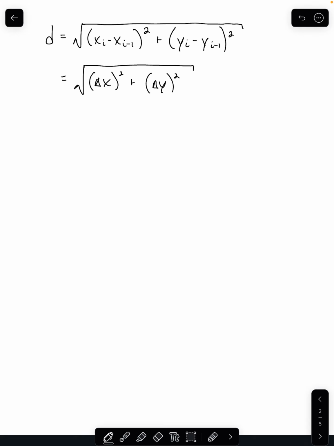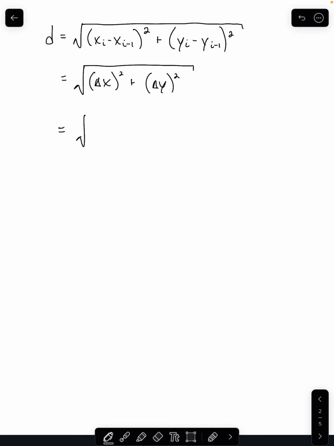We can factor out a delta x squared from each of these terms under the radical. Now that might sound odd at first because the delta y squared doesn't have any delta x's in it. But another way to think of factoring out is simply dividing.